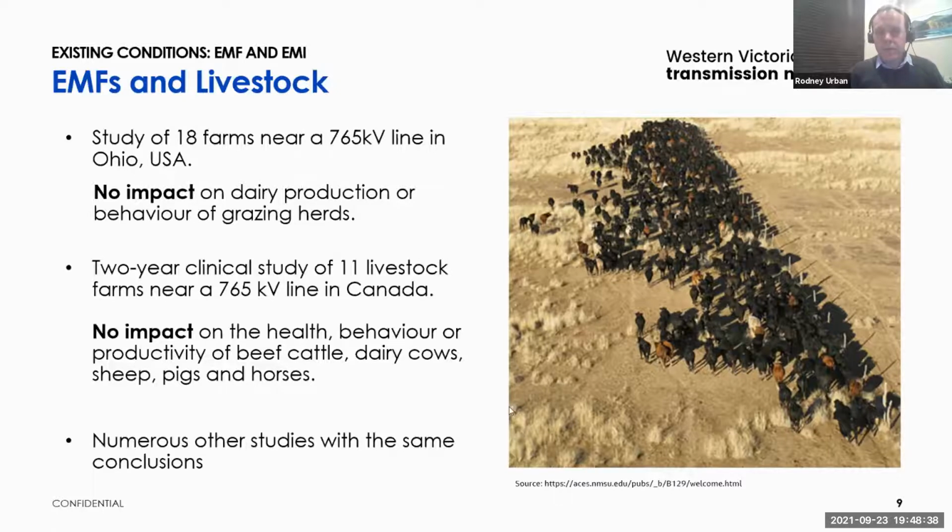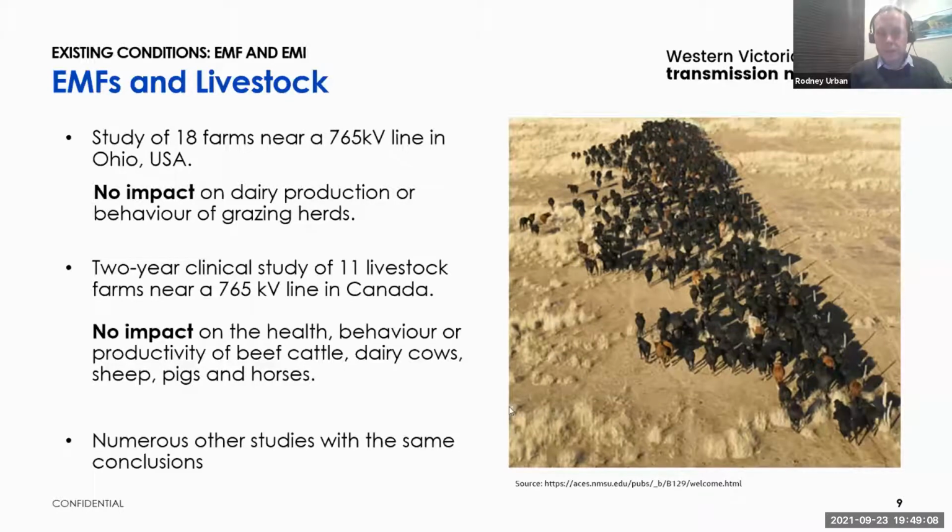So in the USA, in Ohio, in the 1970s, there was quite a thorough study that was done across 18 farms that were directly under a 765 kV line. So that's an extremely high voltage line. And with all that research that was done specifically on behavior and production of dairy cattle, no impacts were reported or identified as part of the study.